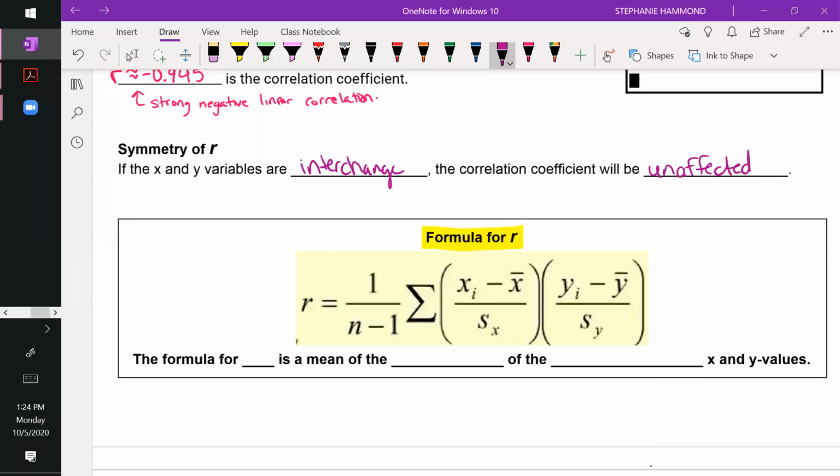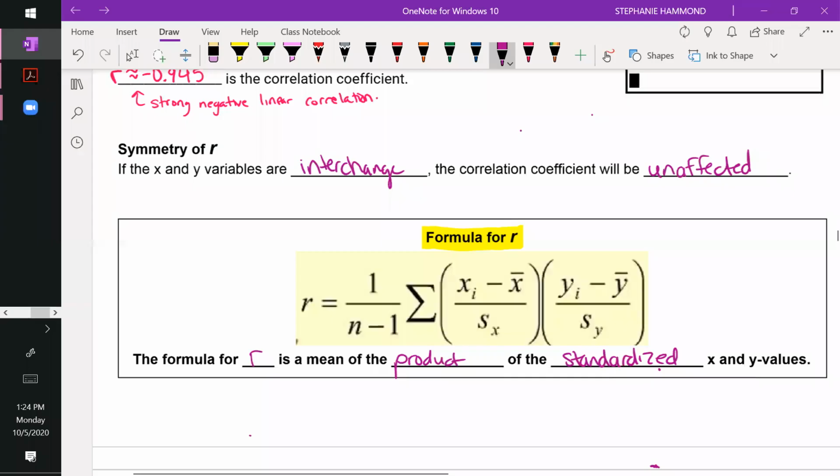So just so that you know, the formula for R here is actually the mean of the product of the standardized X and Y values.